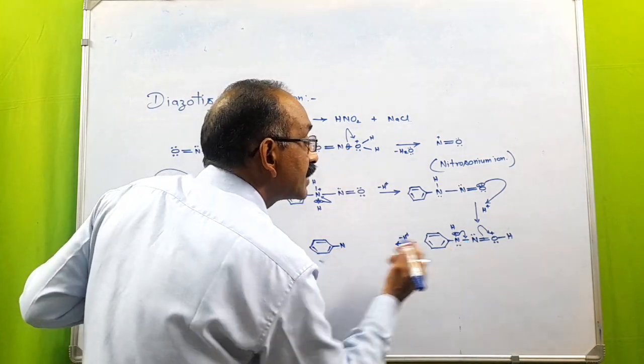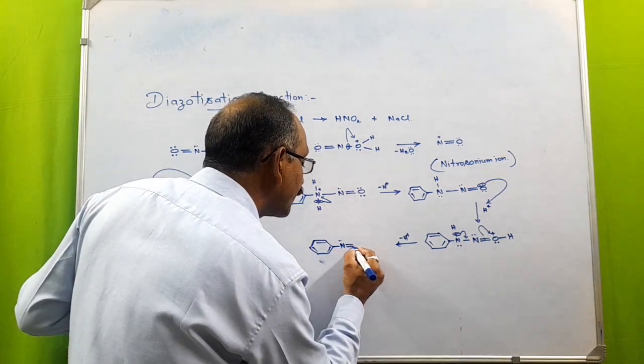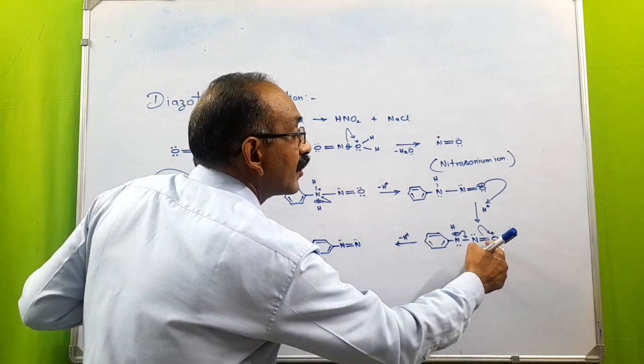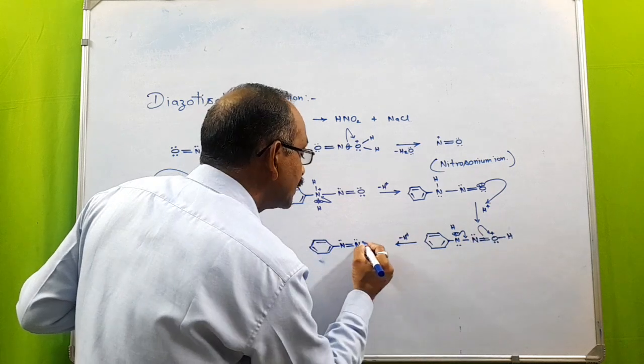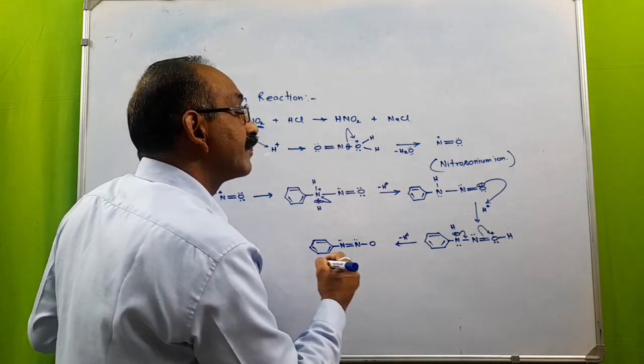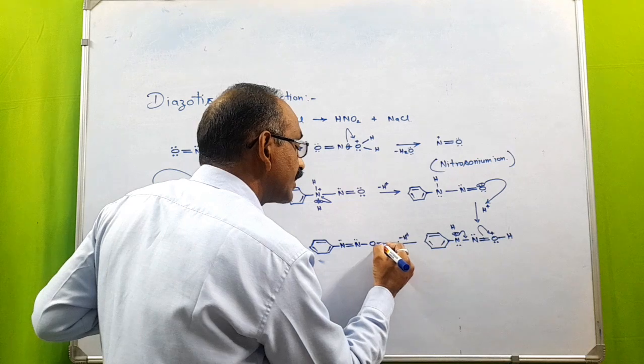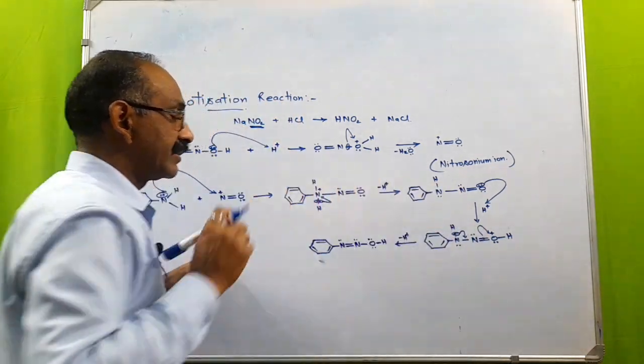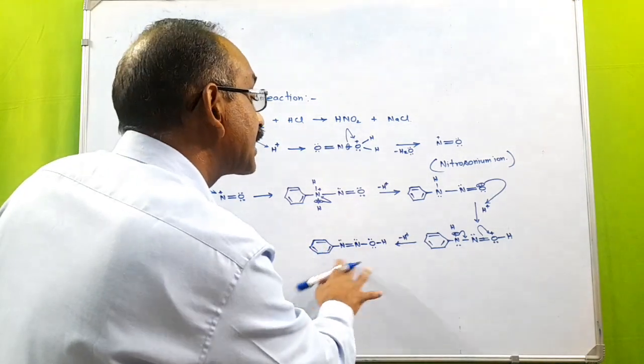As the two electrons come in between the two nitrogens, a double bond will form here, and as the electron pair of the NO bond shifted over oxygen, a single bond will remain here. Over this oxygen there is a hydrogen, and its electron deficiency will be compensated. We'll get this type of compound.